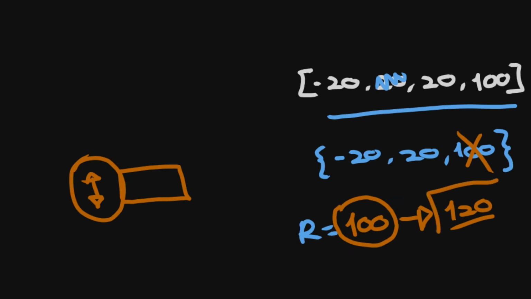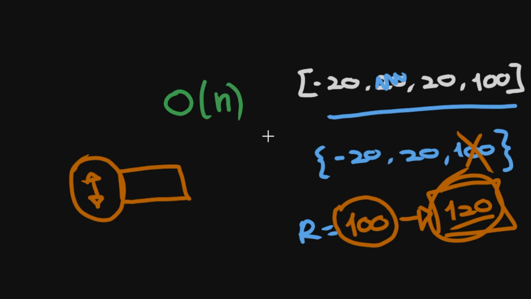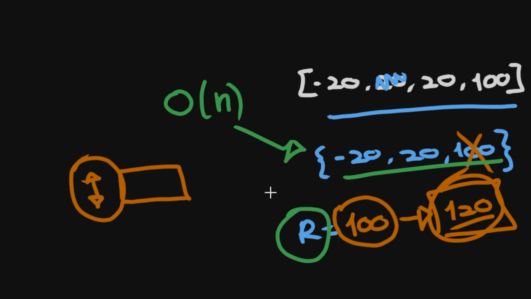This is how we get 120. If we start with this brick, we will never be able to get the maximum value. So this is it for the approach. Time and space complexity will be big O of n, because we are building and iterating this set, and we also need the result. So now let's go with the code, and hopefully you will get the idea.